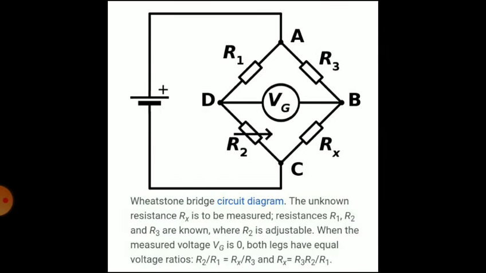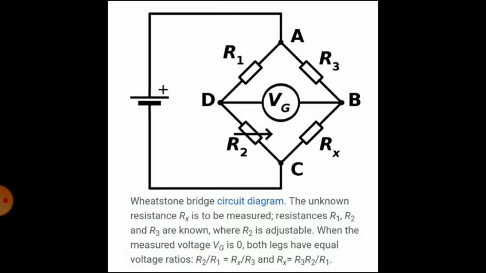You can see in a Wheatstone bridge circuit that the unknown resistance Rx is to be measured. The resistances R1, R2 and R3 are known, where R2 is adjustable. For balance, R2 can be varied so that the bridge is balanced.